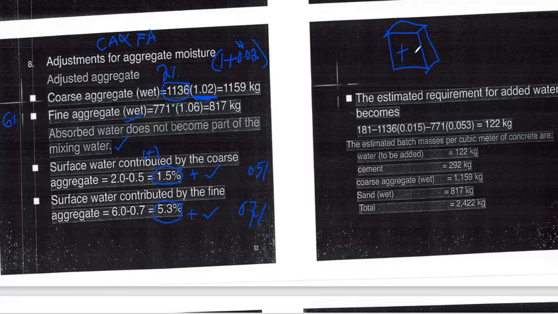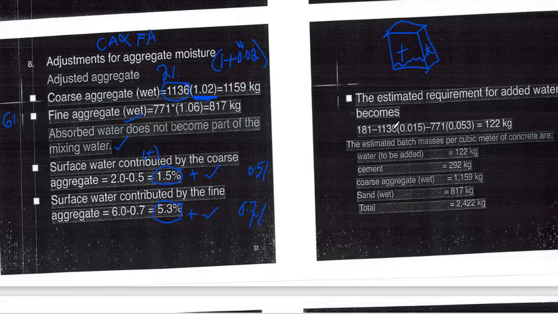This much water you will get from the coarse aggregate, and another percentage of water you will get from the fine aggregate. So you already have some water from coarse aggregate and fine aggregate. So that's why you are going to reduce this amount of water to maintain your strength.